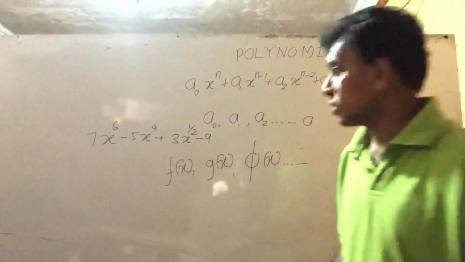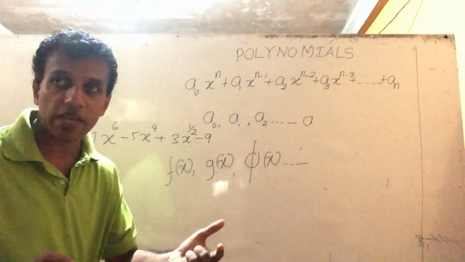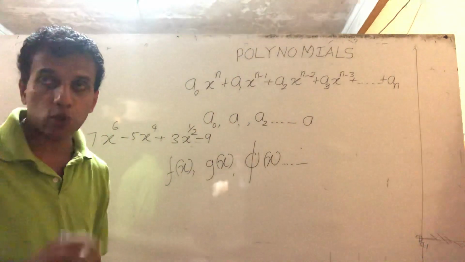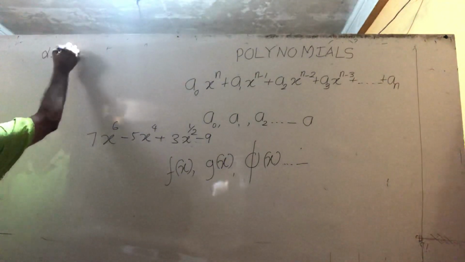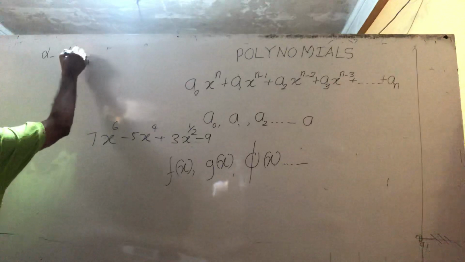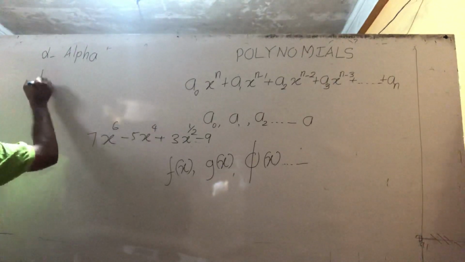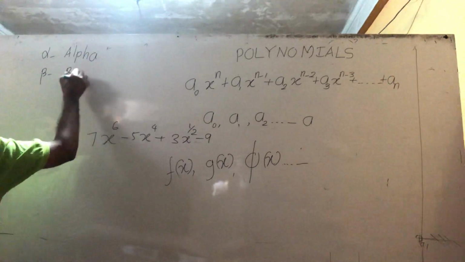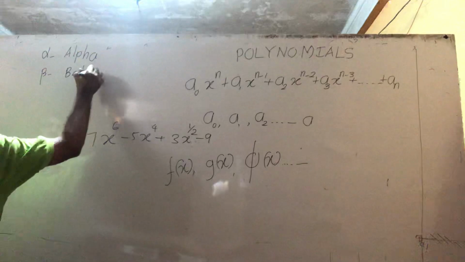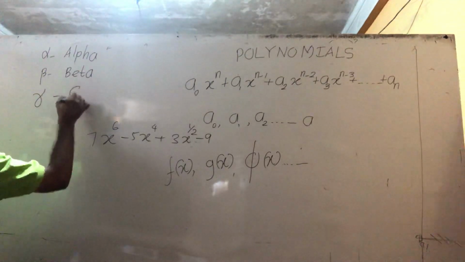Right? Okay. Now we come to some Greek letters and their English terms, how we use them. This we call alpha. So copy this also. Beta, you need it a lot in physics and maths. This is called gamma.